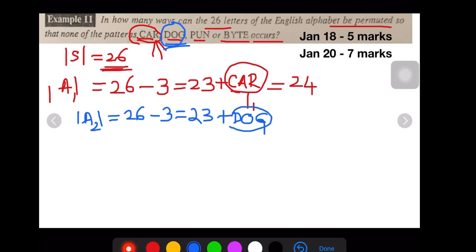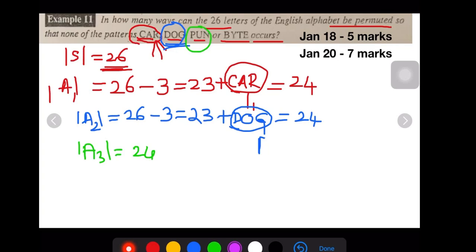So totally 24. Similarly, you can also do for A3. A3 is also the same, 24, because its size is again 3 characters. Remove that and add fun as a single component and it becomes 24.